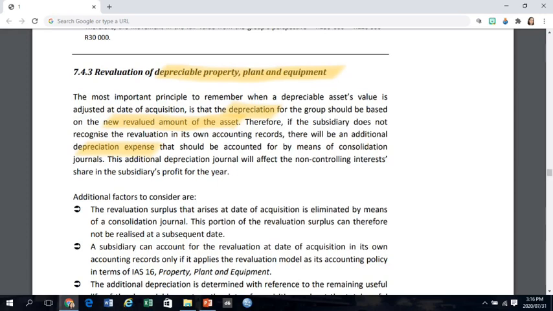So my starting point, being the trial balance of the subsidiary, would include depreciation based on the cost of that asset in the separate financial statements of S. But because the carrying amount is now different in the group, we will have to add that extra bit of depreciation through consolidation journal entries.